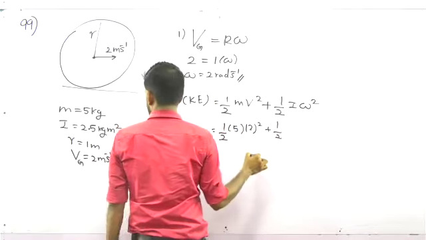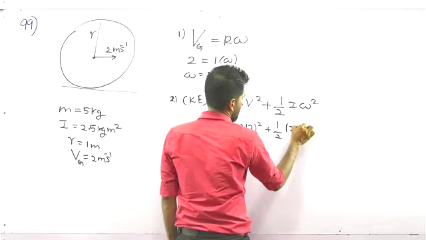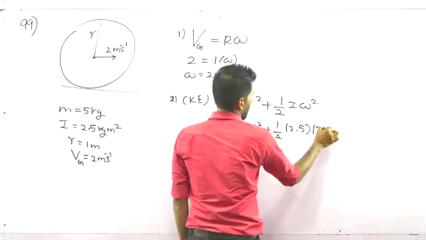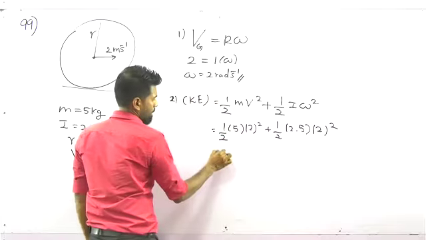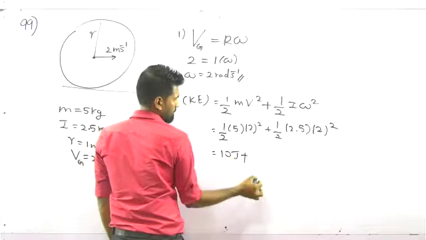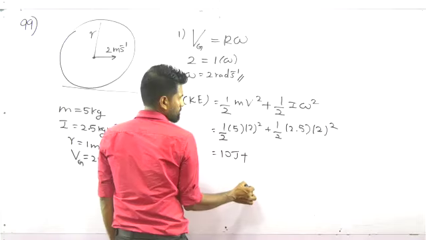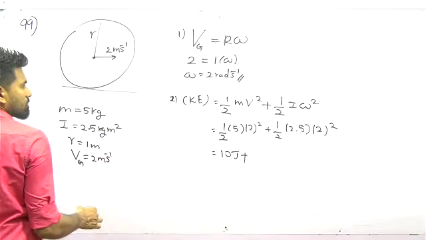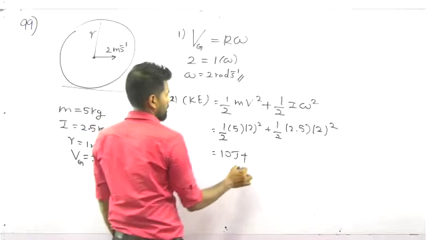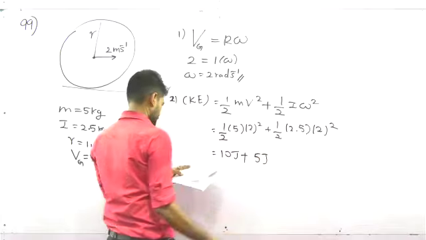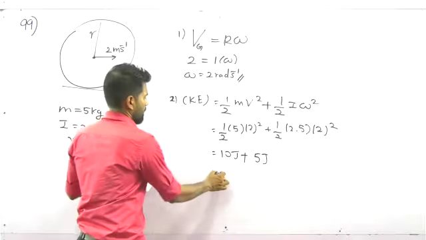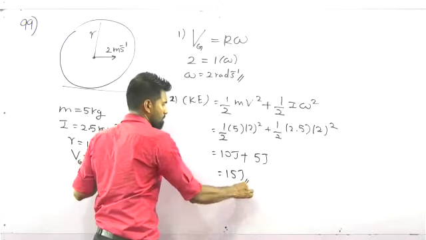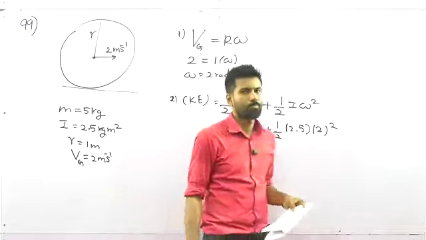Half I, moment of inertia 2.5, omega 2 square. 10 joules plus 5 joules, 15 joules. Okay.